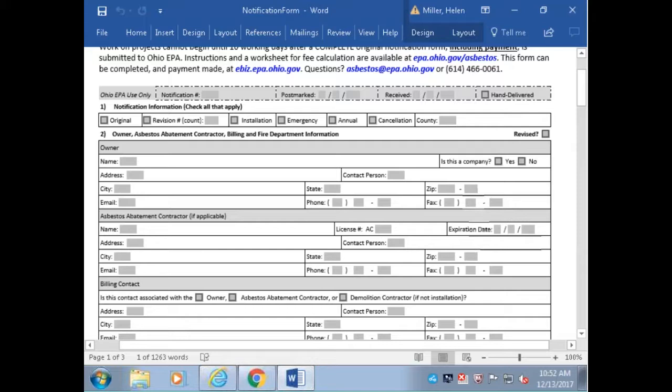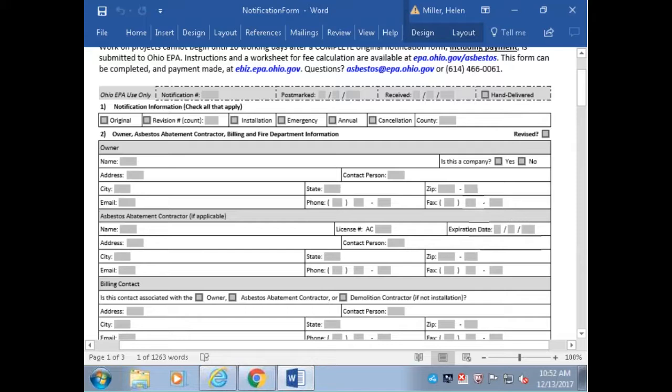Who fills out and submits the form, the owner, the demo contractor, or the abatement contractor? It could be any one of those three. EPA rules require, the NESHAP rules are owner-operator, and the licensing rules require an abatement contractor to fill out the notice. So that's one of the things with this convenience fee is who's filling it out.